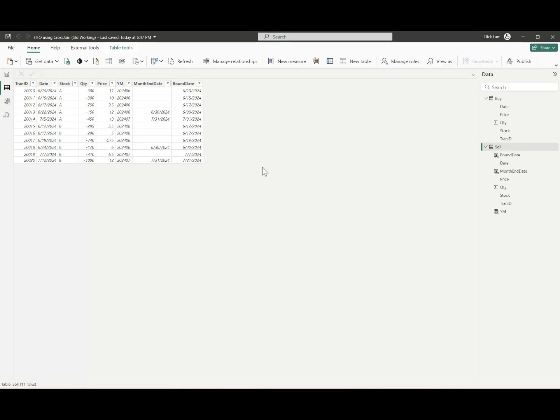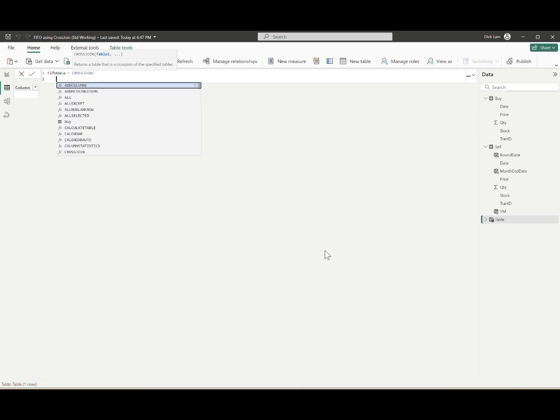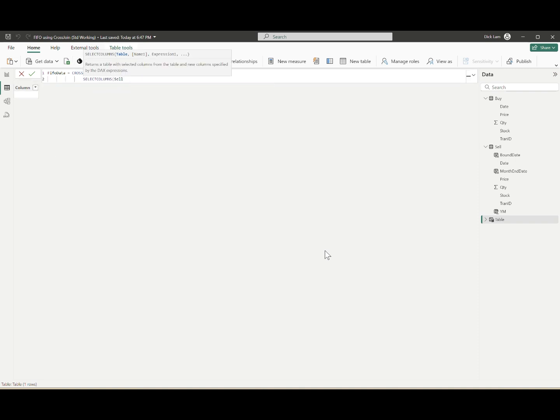All right. Once we have our sell data table ready, we proceed to the critical creation of the FIFO data table. I click on the new table button and name it FIFO data. This time I use cross join with select column. The sell table should be the primary data table, that means the first input. And from the sell table, we need to select all 8 columns.